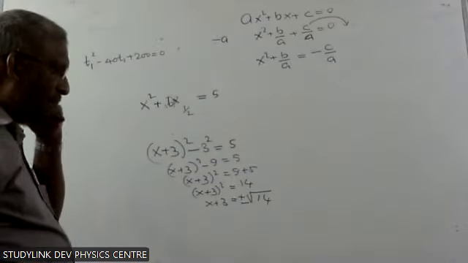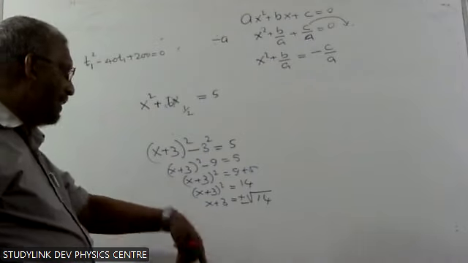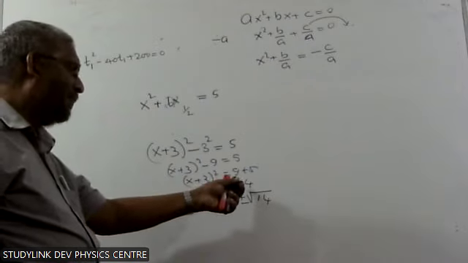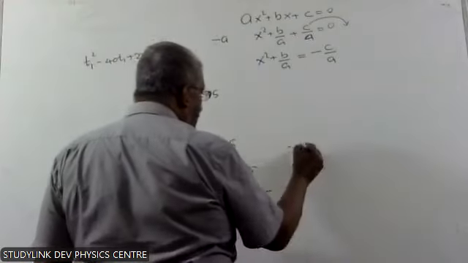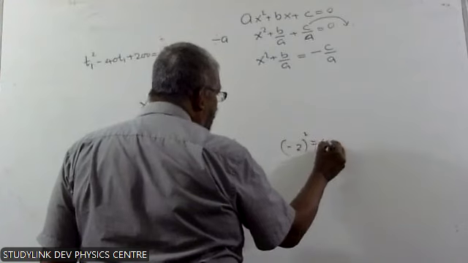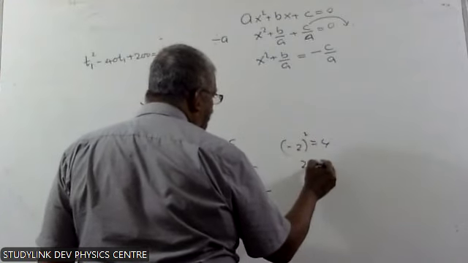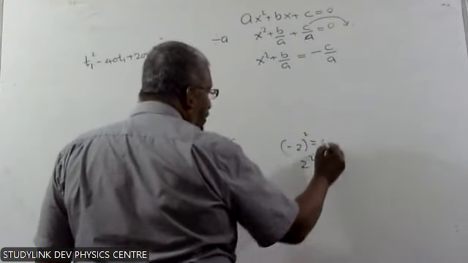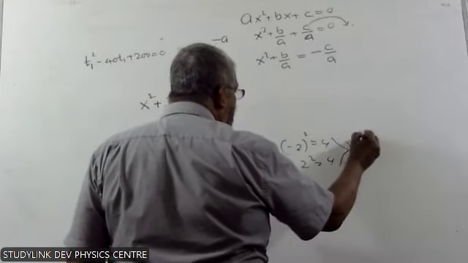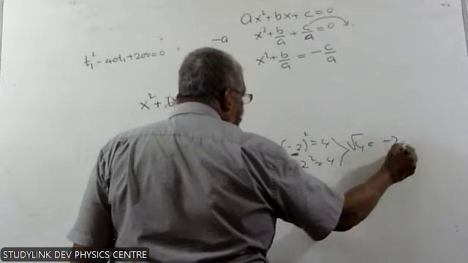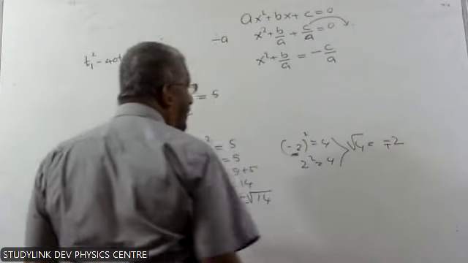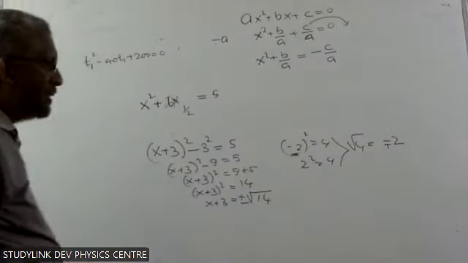The reason is when you square minus 2, the answer is 4, and plus 2 squared, the answer is 4. Then when the square root of 4 is concerned, it could be minus 2 or plus 2. Therefore, we write minus plus.